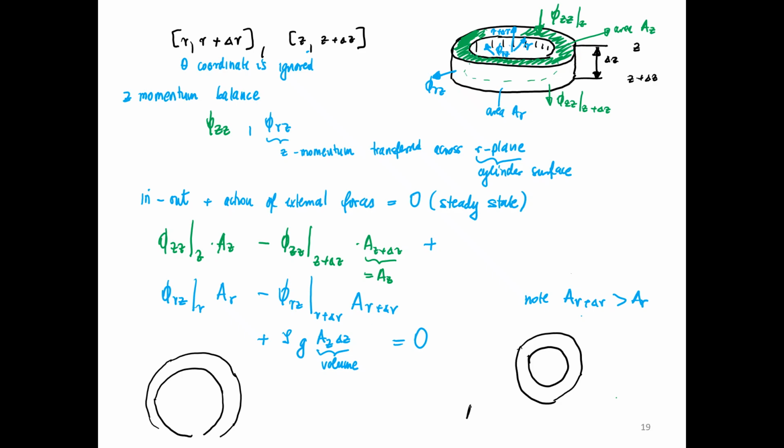So my AZ is the larger circle area minus the smaller circle area, in projection. The larger circle area is pi times R plus delta R squared, and the smaller circle area is pi R squared, so I'm going to take pi outside.